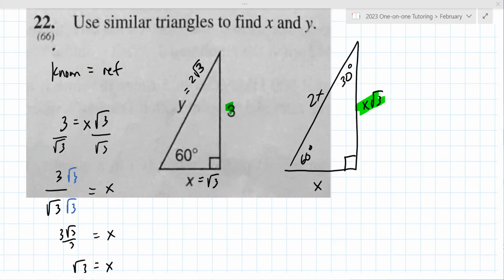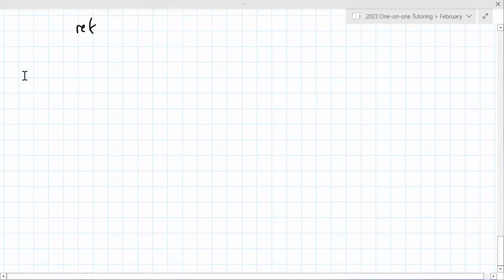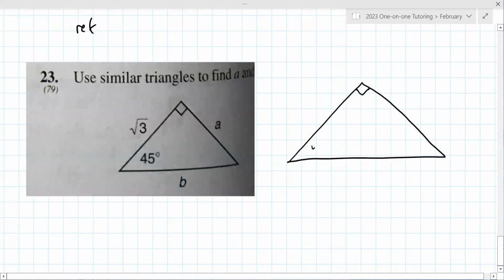So it looks like they give you one of each type of special triangle, which is the other one here, a 45, 45, 90. This one's drawn kind of awkwardly, but in a 45, 45, 90, the 2 legs are x and the hypotenuse is x root 2.